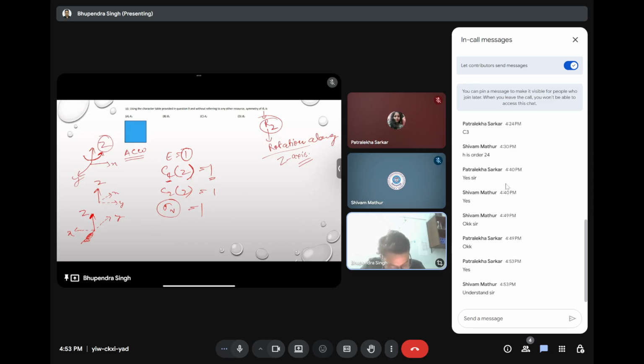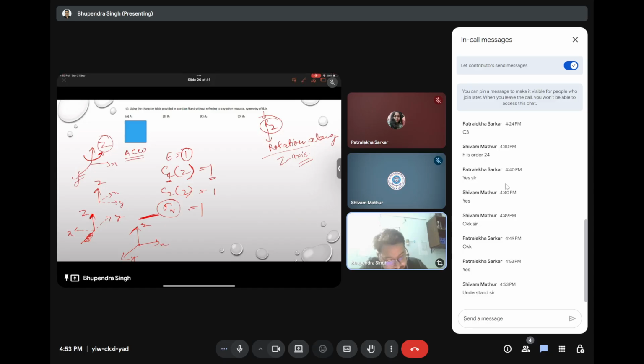Okay, I think this is wrong, because sigma v, if you consider any sigma v, with X, Y, Z, let's say I'm taking a different color, this is your sigma YZ.